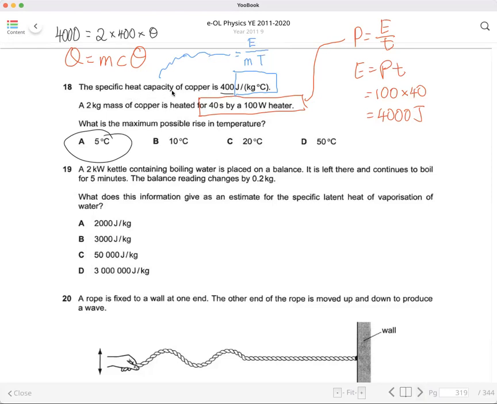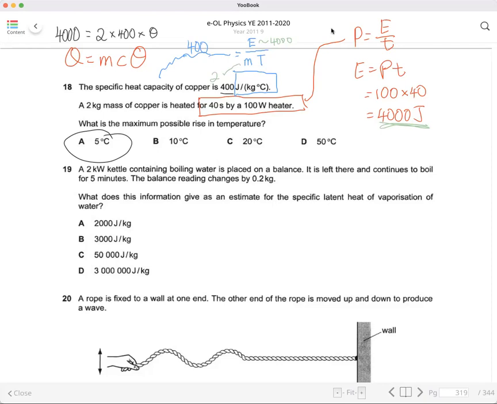So specific heat capacity, this value is 400. Energy, you know that is 4,000. The mass, you know is 2. So based on this, can you do the answer? Okay, if you make temperature the subject, you should get 5 degrees Celsius as well.